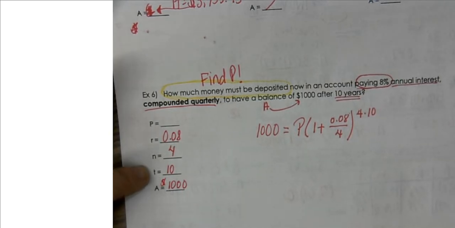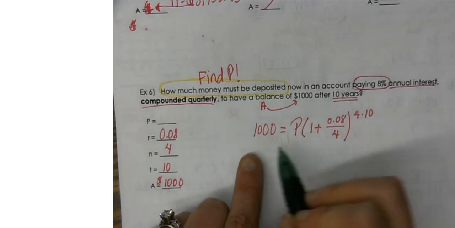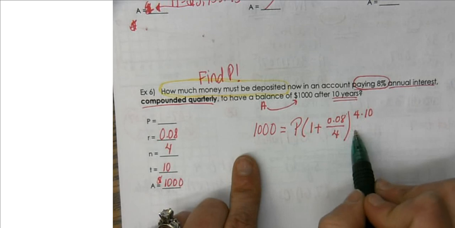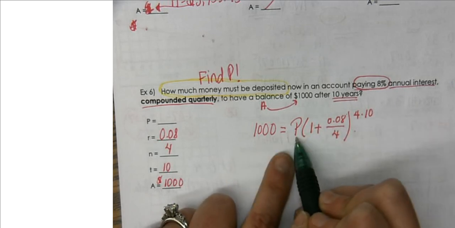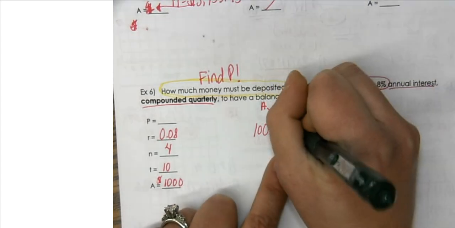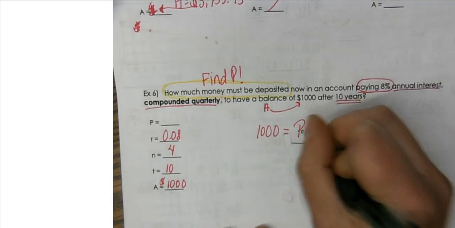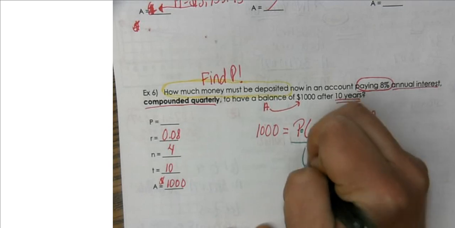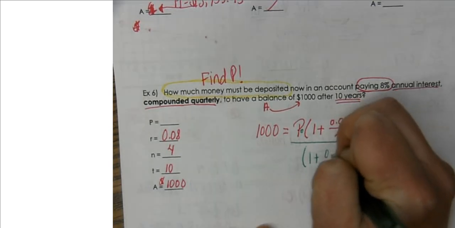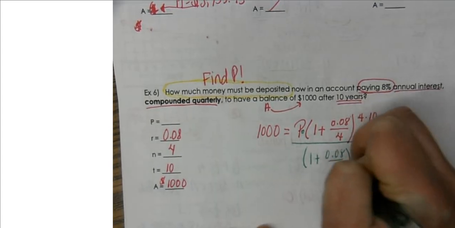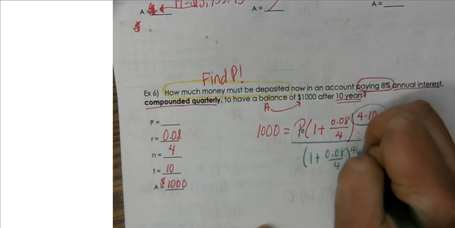So what I want you to recognize here is that this is a very fancy number. This is P times a number. And all I need to do on both sides is I just need to divide both sides by this number. So I'm going to divide both sides by 1 plus 0.08 divided by 4, and I can change that to the 40th power.